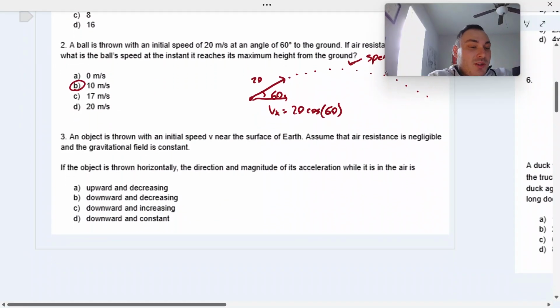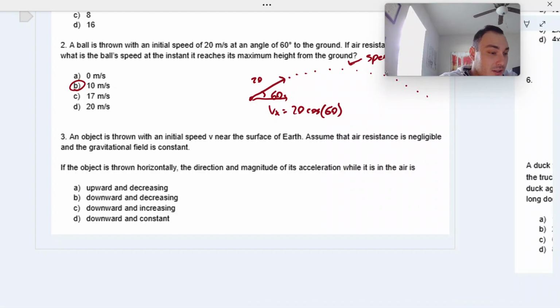An object is thrown with an initial speed v near the surface of the Earth. Assume that air resistance is negligible and the gravitational field is constant. If an object is thrown horizontally, the direction and magnitude of its acceleration while in the air is downward and constant. The acceleration for any object in projectile motion is always downward and constant, and specifically it's negative 9.81 meters per second squared because it's gravity.